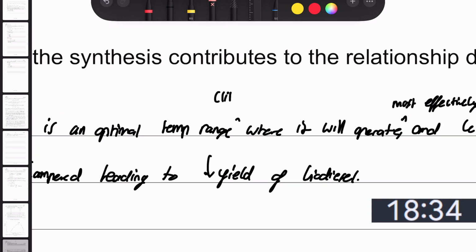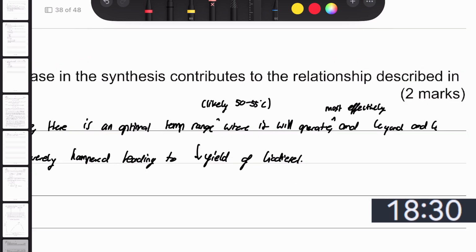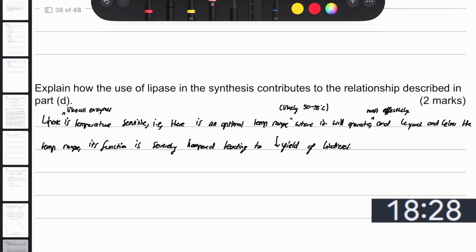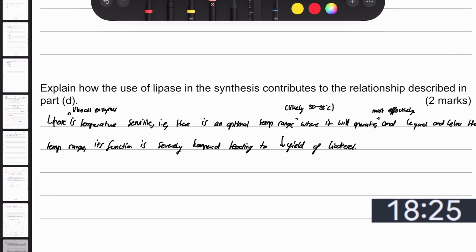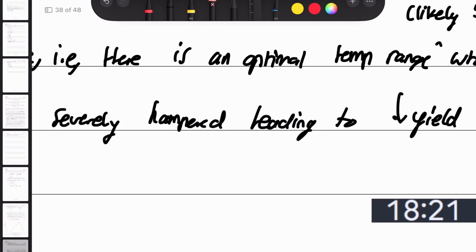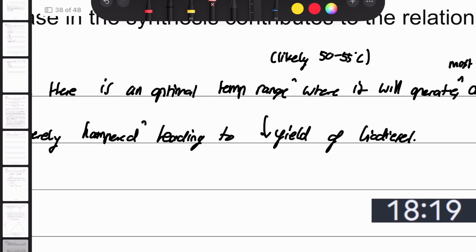Say here, likely 50 to 55 degrees Celsius, where it would operate. And below, its function is severely hampered, leading to decreased yield of biodiesel. Its function is severely hampered due to breaking down of its structure.